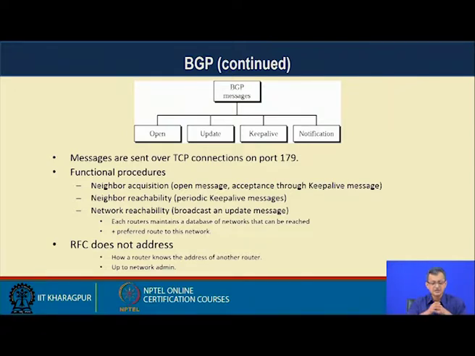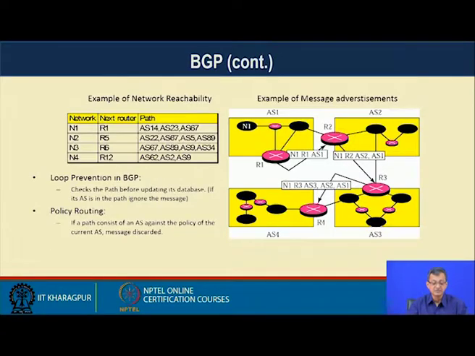That particular RFC does not address how a router knows the address of another router. It is up to the network administrator to decide how router information can be collected and how to get the router addresses. Now, if we look at what we were discussing.